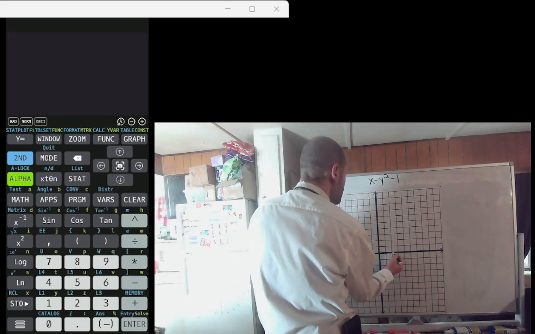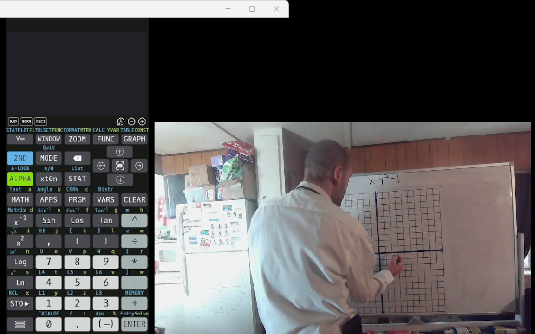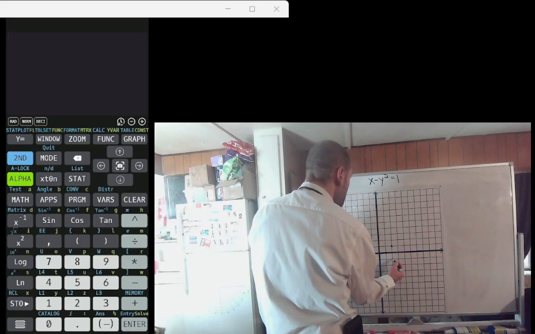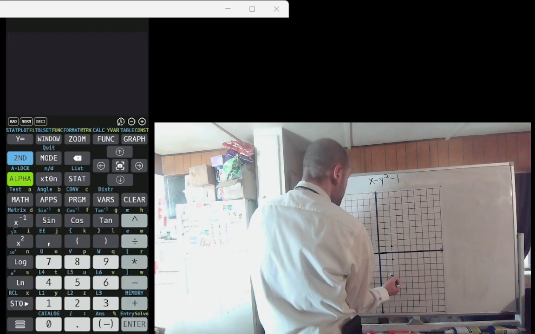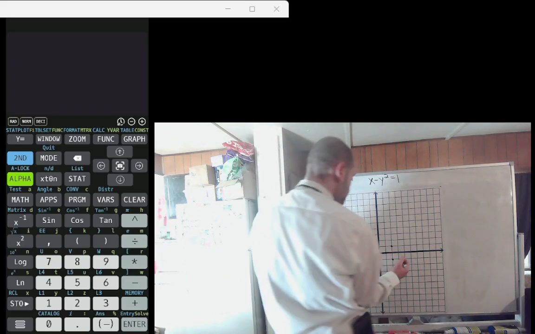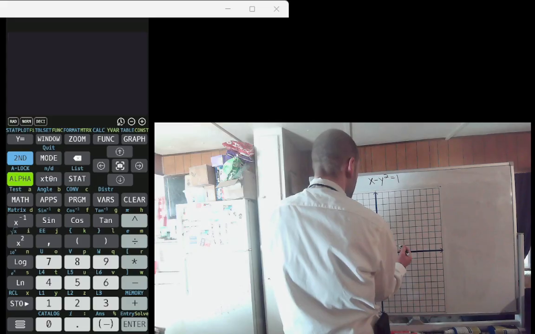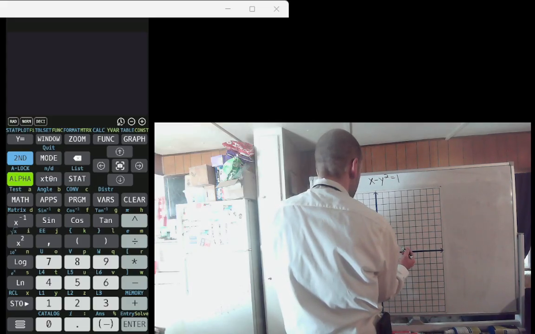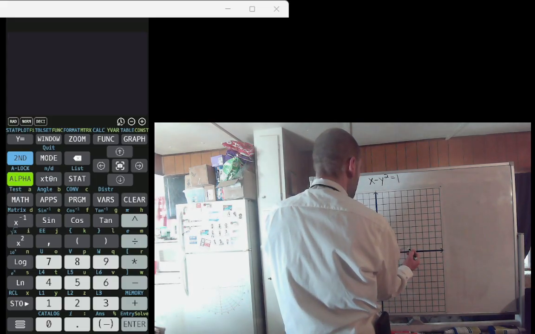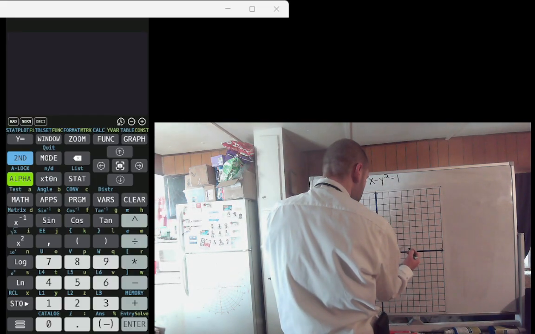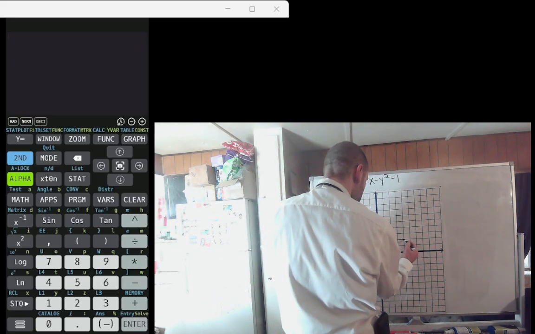When x is 2, you would end up getting y is 1 or negative 1. And then when x is 3, or actually let's do 4, 5. Let's do when x is 5, you would end up getting y is plus or minus 2.